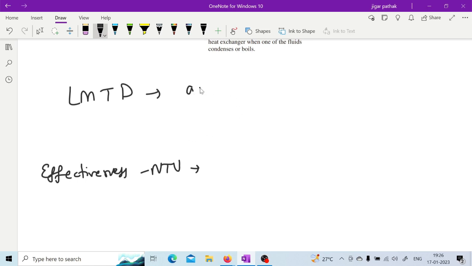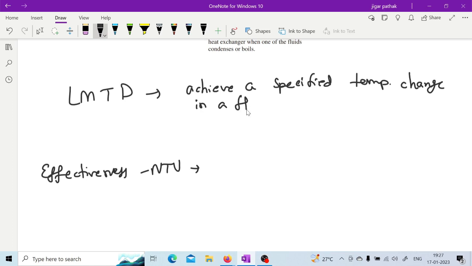So in order to achieve a specified temperature change in a fluid stream, the mass flow rate will be known, right, with known mass flow rate.